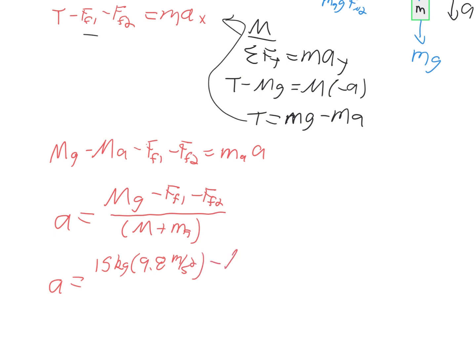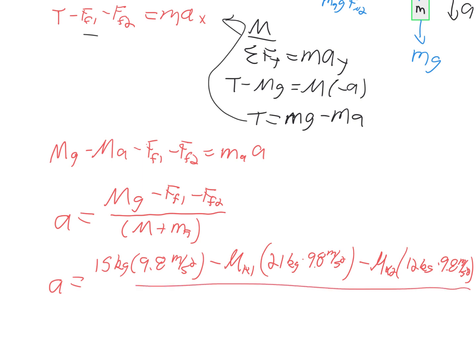minus mu k1, which we have a value for, times the normal force at the bottom surface, so that's 21 kilograms times 9.8 meters per second squared, minus mu k2, which again we're given, multiplied by the normal force between the boxes, which is the 12 kilogram mass multiplied by 9.8 meters per second squared.